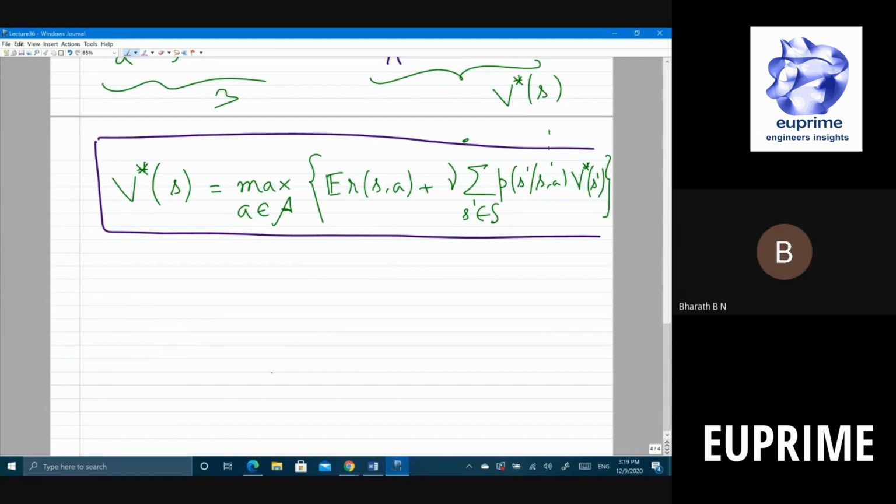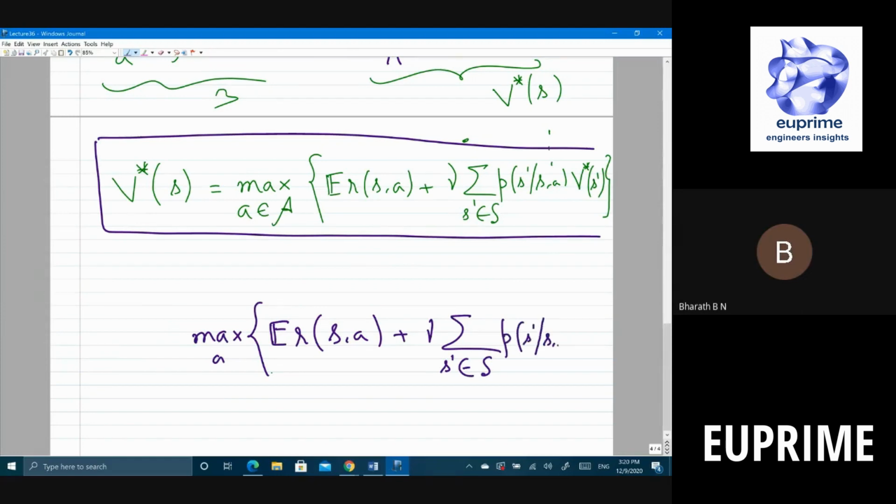I'll write it like this: max over A of the expected value of R of S comma A, plus nu times the sum over S dash belonging to S of this conditional probability times V of S dash.